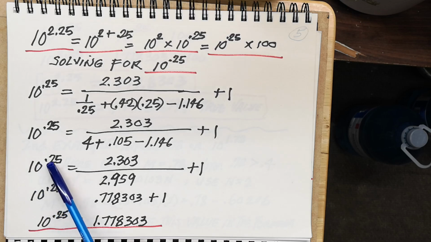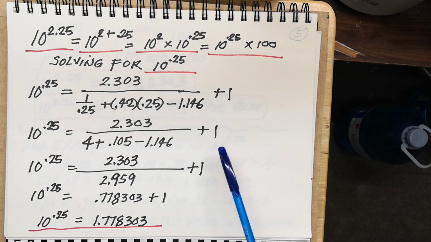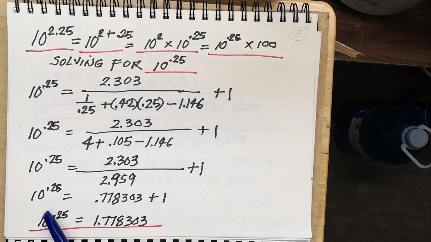So 10 to the 0.25 equals 2.303 divided by 2.959, plus 1. This 2.303 divided by this number will get you 0.778303. So 10 to the 0.25 equals 1.778303.